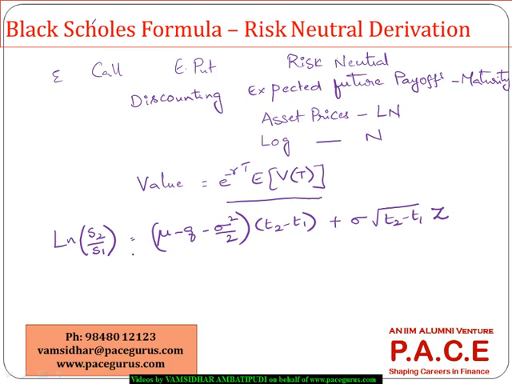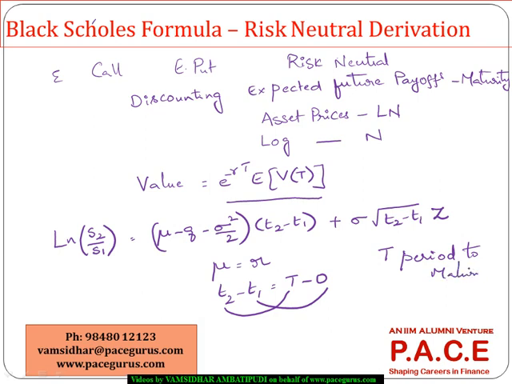Now the same application is what I am going to use even now, under the assumption that mu I am taking as some r, and T2 minus T1 I'll take as T minus 0, which means T2 I take as T and T1 I take as 0, which means T is the period to maturity.